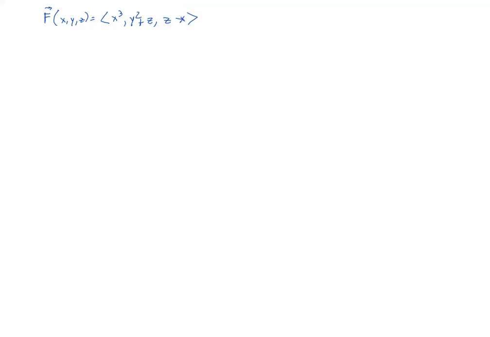So find the outward flux of F through the boundary of 0, 1, cross 0, 1, cross 0, 1.